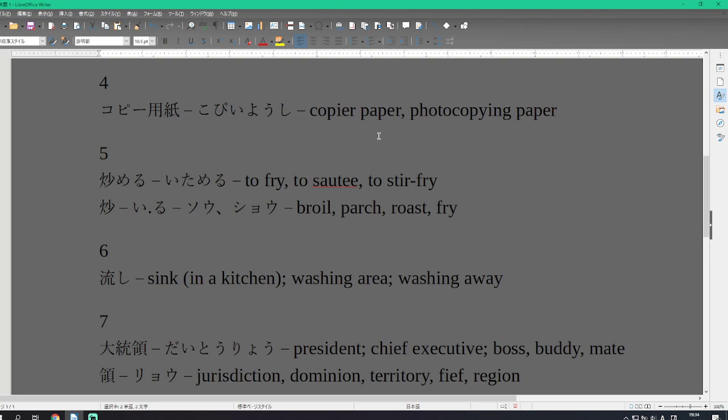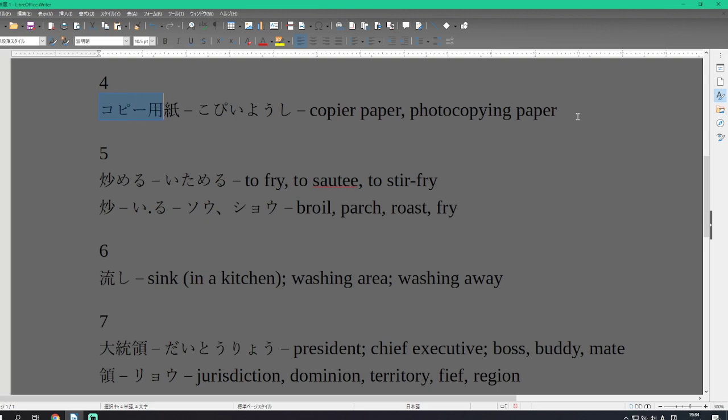Number 4 is kopi yoshi, copier paper or photocopying paper. Kopi is just a copy, and yoshi is paper for the use of paper. So the copy use paper. It's really paper specifically for copy use.